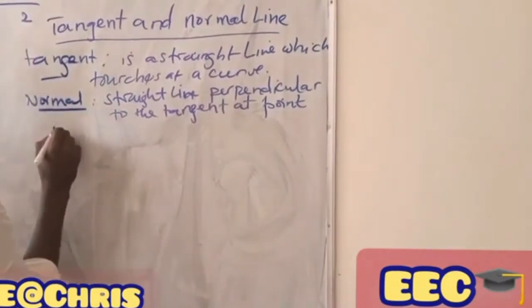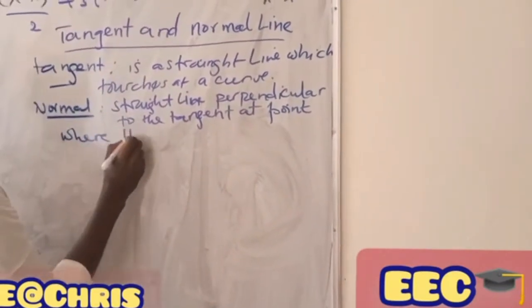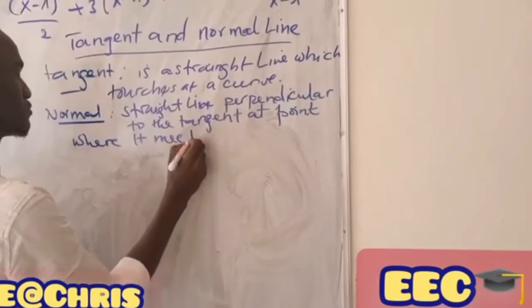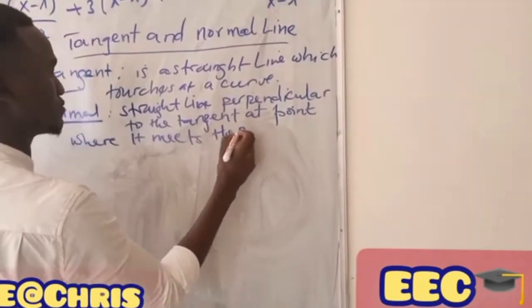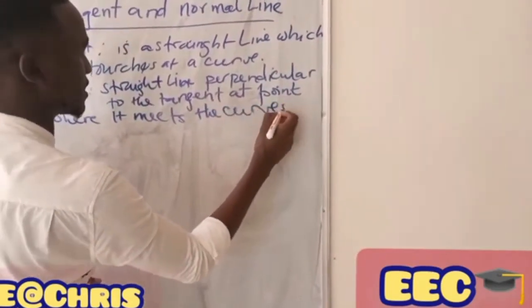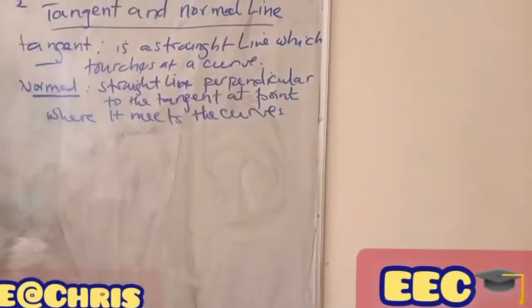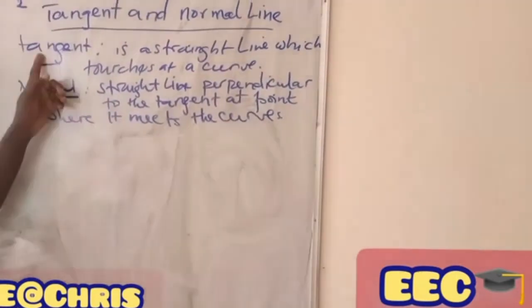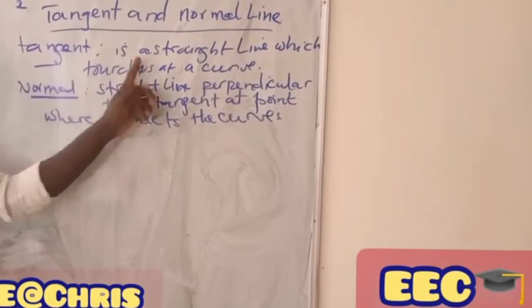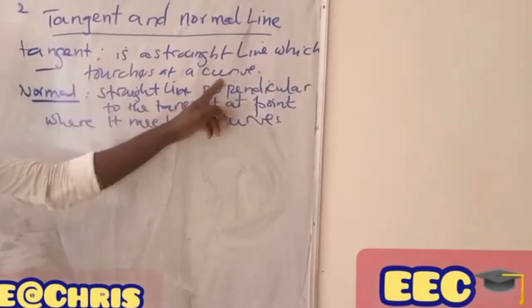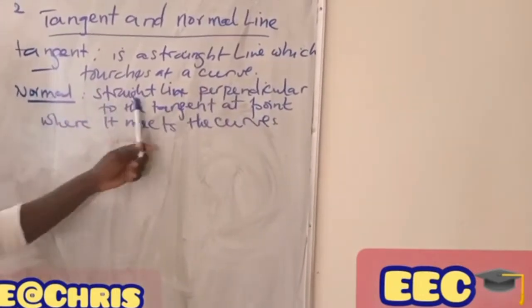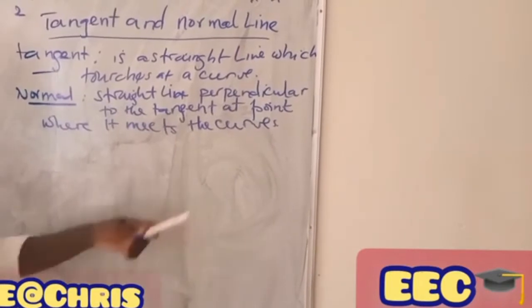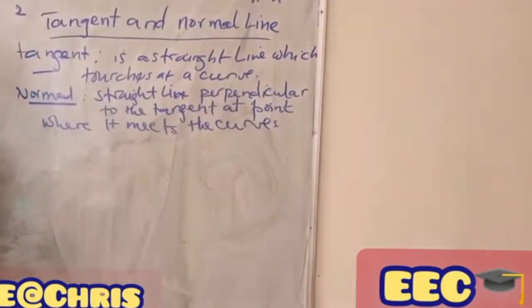This is the difference between the tangent and normal. The tangent is a straight line which touches the curve, whereas the normal line is a straight line perpendicular to the tangent at the point where it meets the curve.